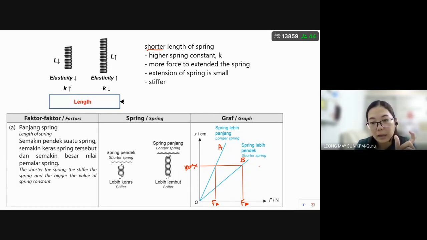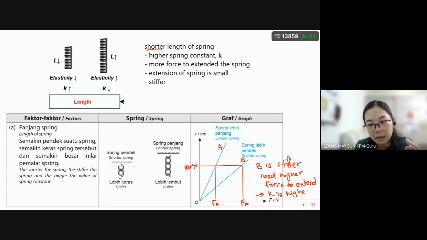It means that spring B is stiffer. Why stiffer? Because it needs higher force to extend. Needing higher force to extend means the spring constant k is higher. And true enough, spring B is a shorter spring.